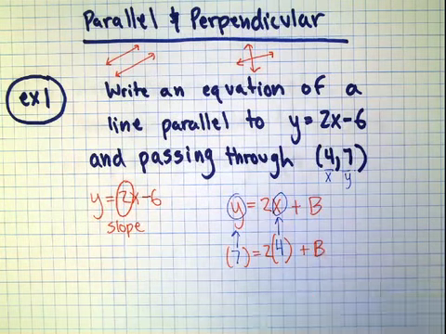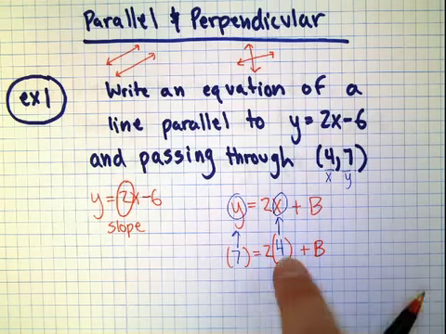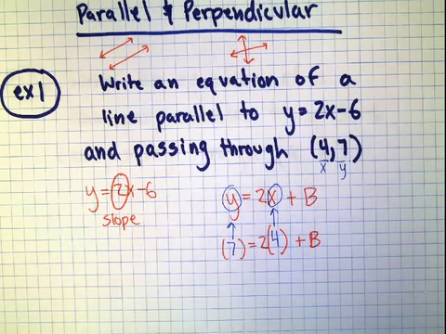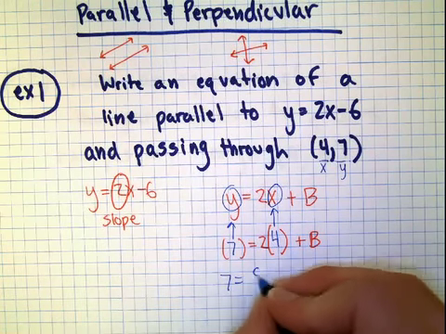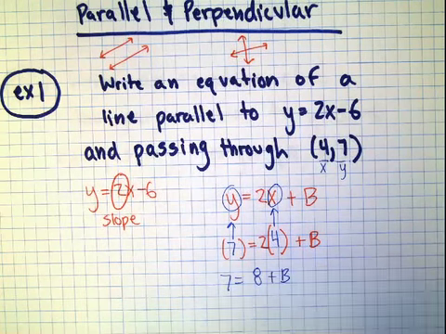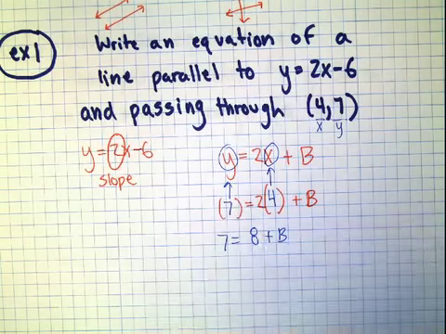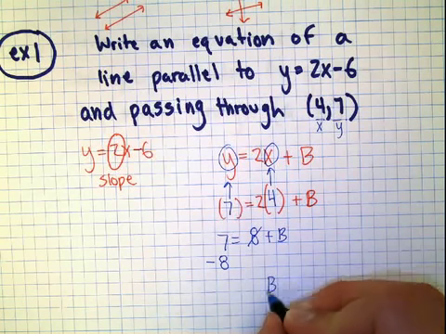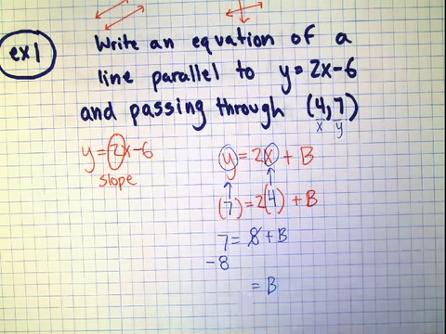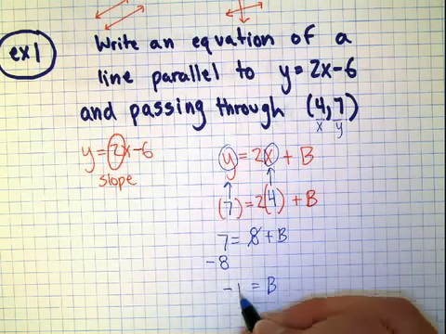I copy the rest of the problem but put 7 and 4 in there. So I have 7 equals 2 times 4, which is 8, plus b. I'm going to flip the 8 over to a negative 8 and get b equals 7 minus 8. And 7 minus 8 is negative 1.